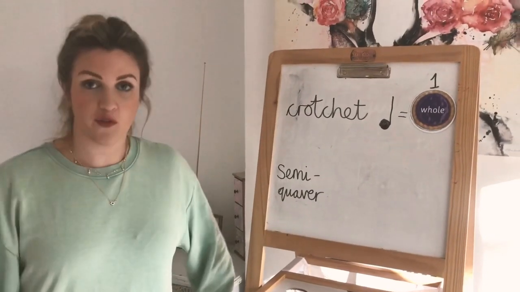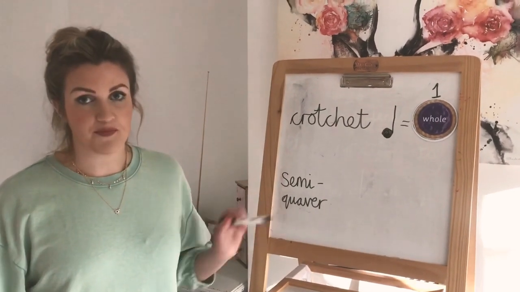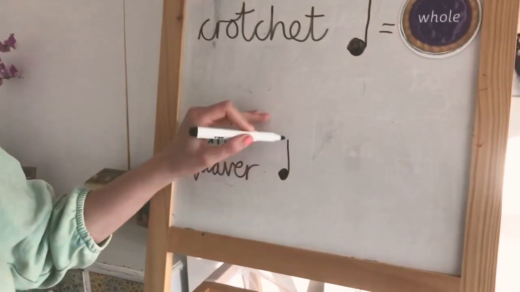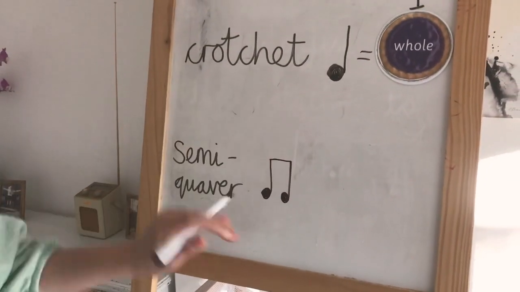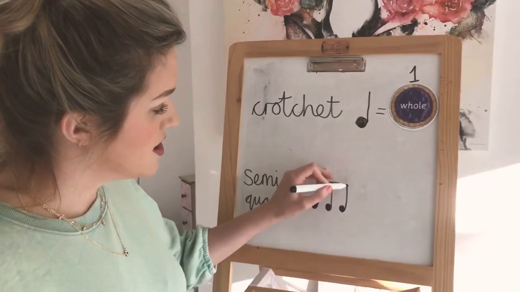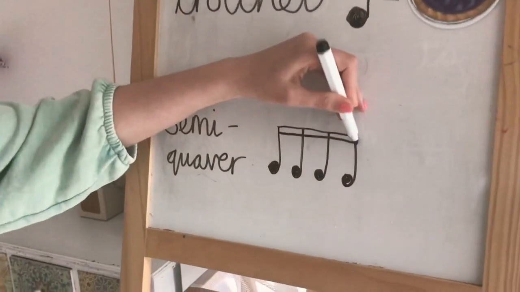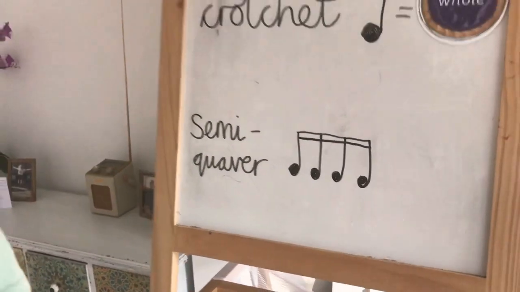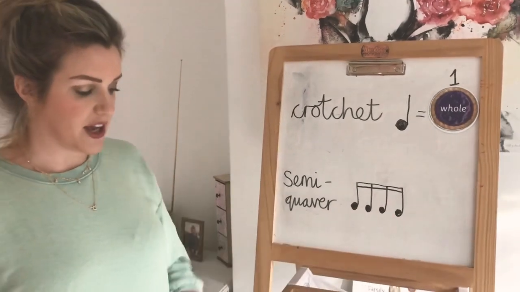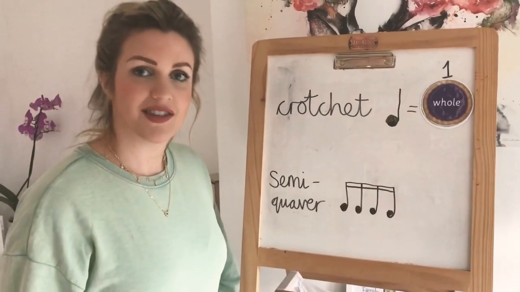The last note value we're going to look at is called a semiquaver. These look similar to quavers, but you join them together, and there's 4 here, and you do an extra line. 4 semiquavers make one beat.